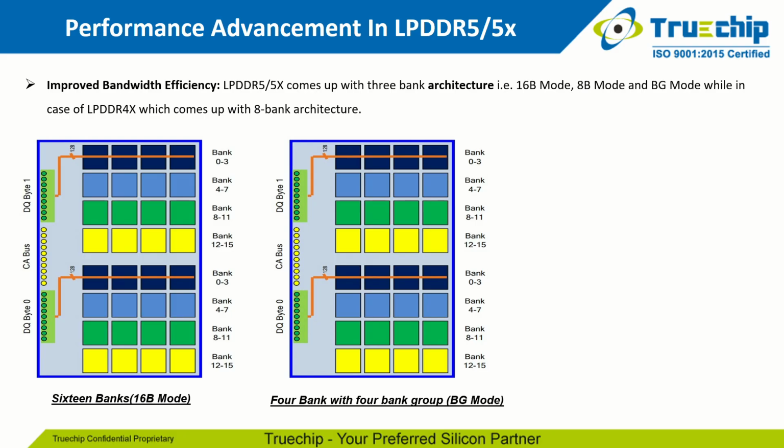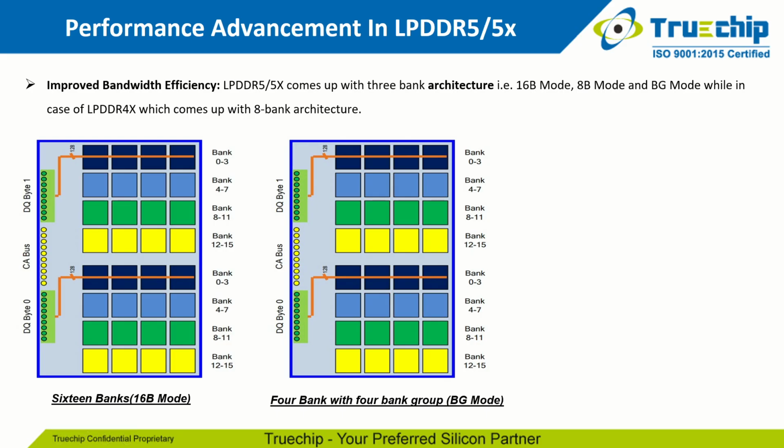Bank group mode consists of 4 banks and 4 bank groups and supports both burst lengths, that is 16 and 32. Along with that, bank group mode supports both 2:1 and 4:1 WCK to CK ratio, which we will discuss in upcoming slides.